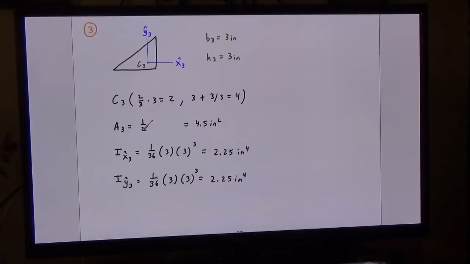So I'll just use notation here, b times h. For I about x hat, I have 1 over 36 b h cubed. And for I about y hat, I have 1 over 36 h b cubed.